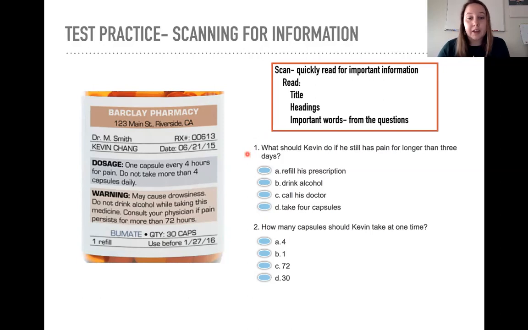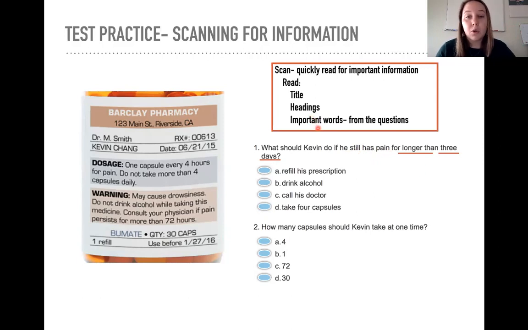As I'm looking at it, I would think some of those important words are longer than, so we're talking about a time, and then 3 days. So longer than 3 days. You could also think maybe still has pain, this phrase here, that it's still happening, longer than 3 days.